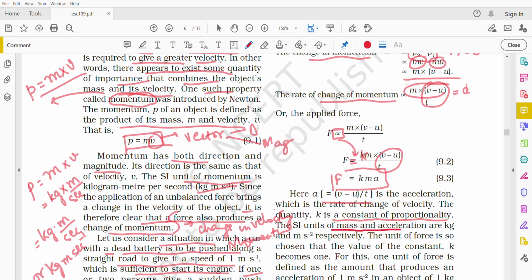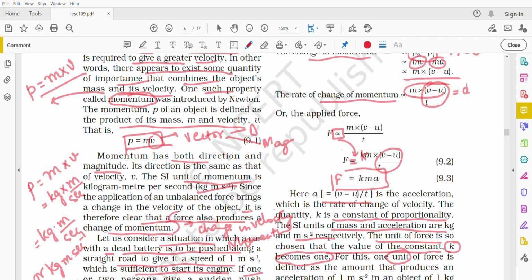SI units of mass and acceleration are kg and meter per second square. This is known to you. The unit of force is so chosen that the value of the constant k becomes 1. K is the constant of proportionality, and we want to make it 1.